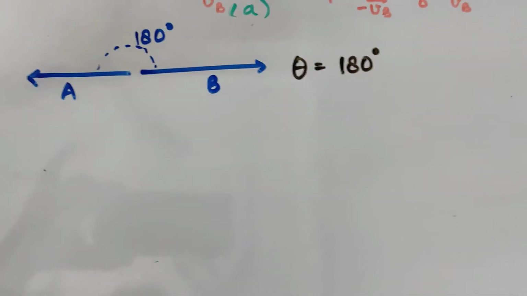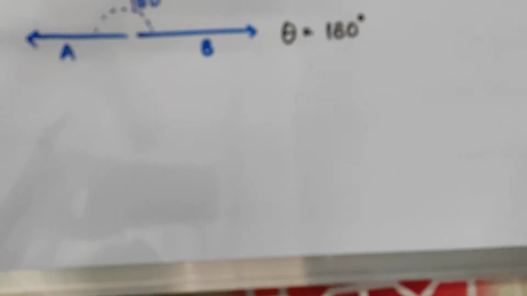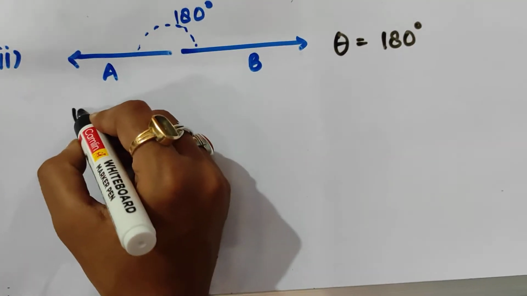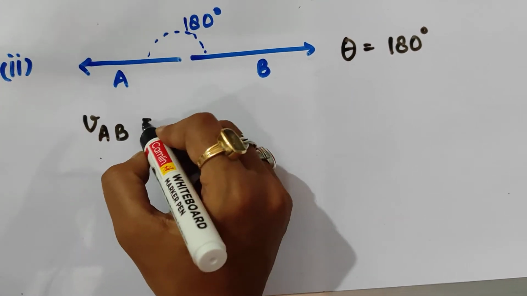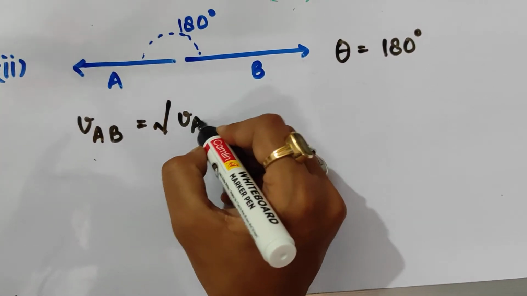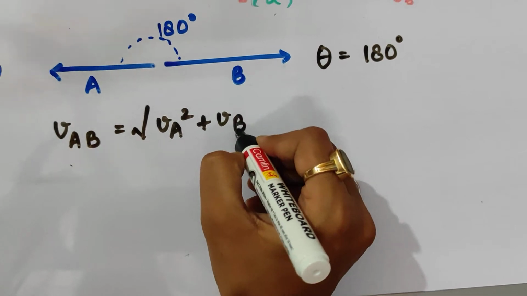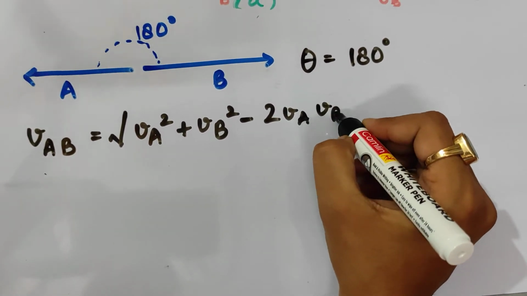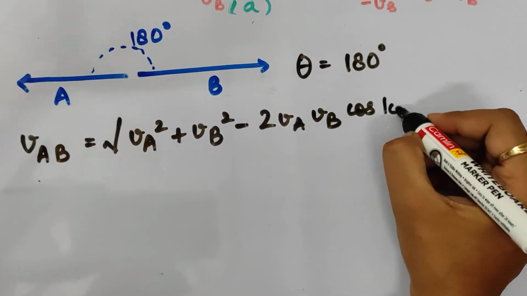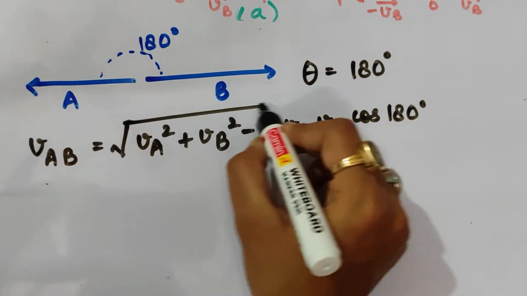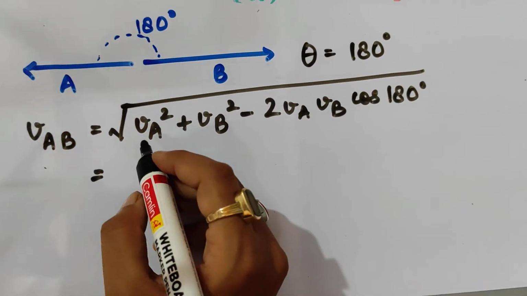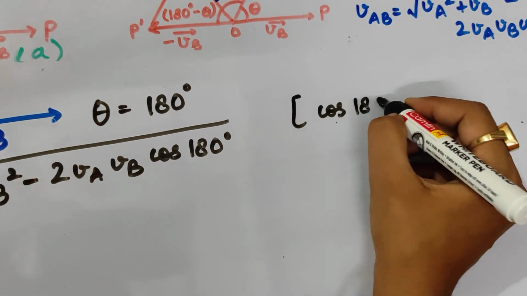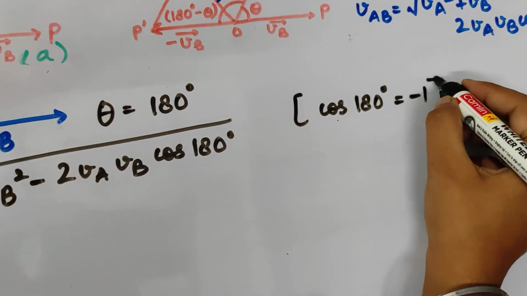Again, putting the value of theta in this expression, we will get VAB equals the square root of VA square plus VB square minus 2 VA VB cos 180 degree. Now what is the value of cos 180 degree? Cos 180 degree is equal to -1.